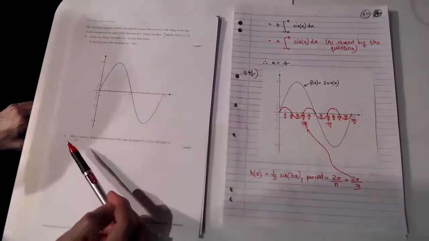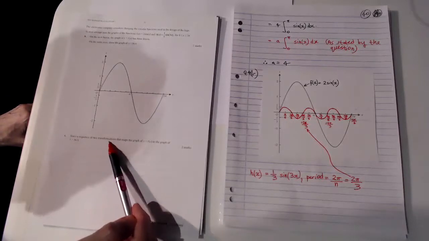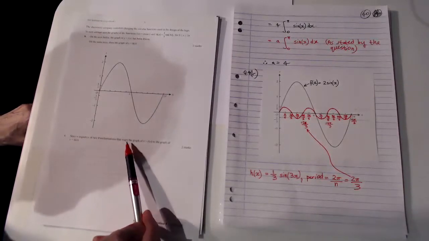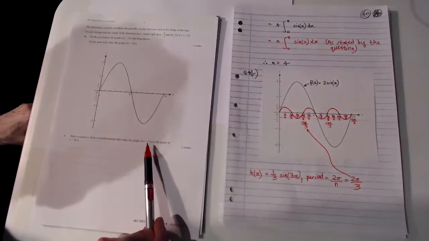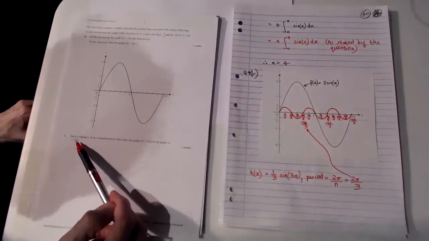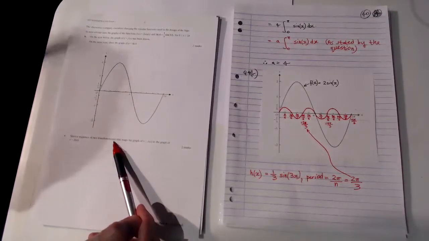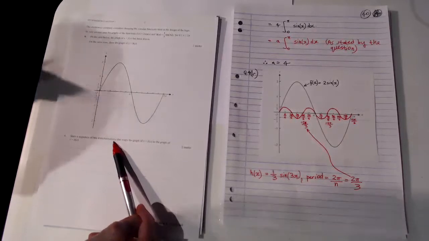Now we go on to question C. State a sequence of 2 transformations that maps the graph of y equals f(x) to the graph of y equals h(x). Now, transformations basically is just a fancy way of saying changes.